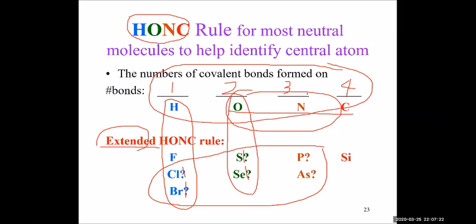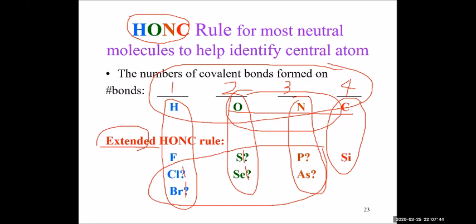Oxygen forms 2 bonds, nitrogen 3 bonds, and in the same column, phosphorus and arsenic are very similar. And last, carbon forms 4 bonds, and silicon in the same family tends to form 4 bonds in compounds. So that's what we call the HONC rule.